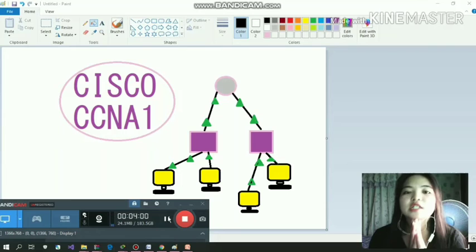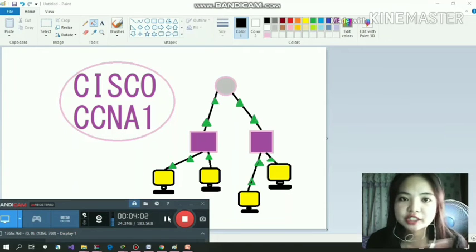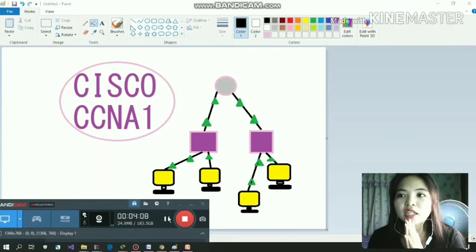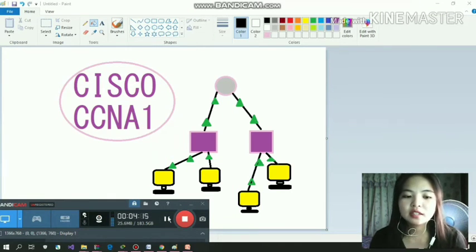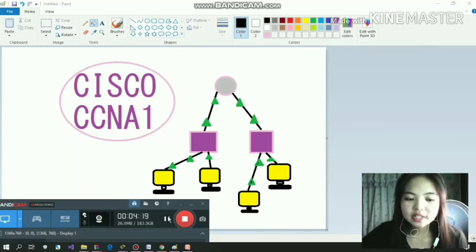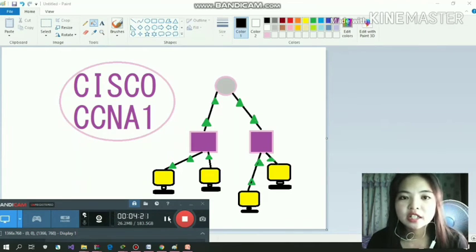For example, G0/0, then the IP address for that, the default gateway, the description, then the no shutdown, then the other interfaces aside from your activities.